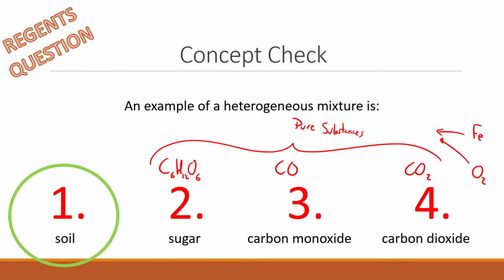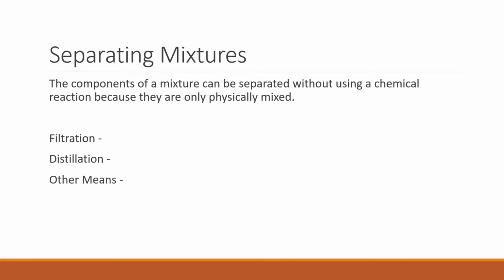Now we also want to talk about what we can do to separate mixtures. Right? Mixtures are these things where we've taken two different things and put them in the same container. Can I go and get them out? Can I get back my two separate things? Yes, I totally can.